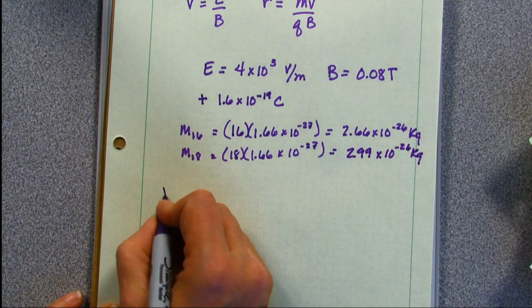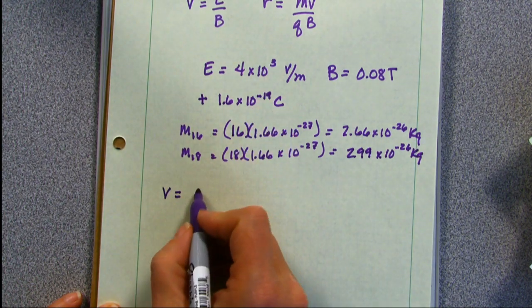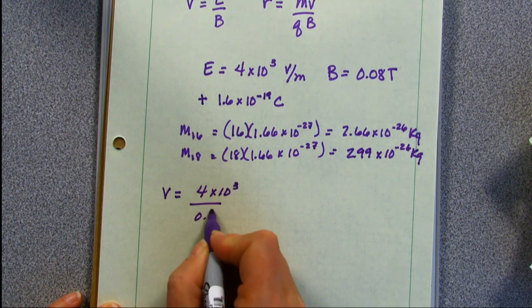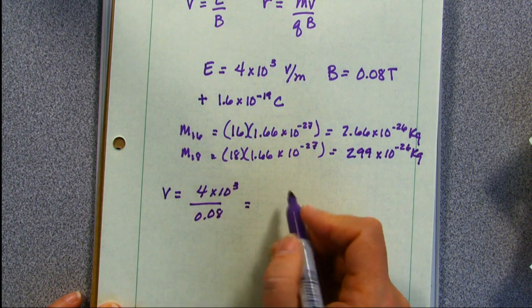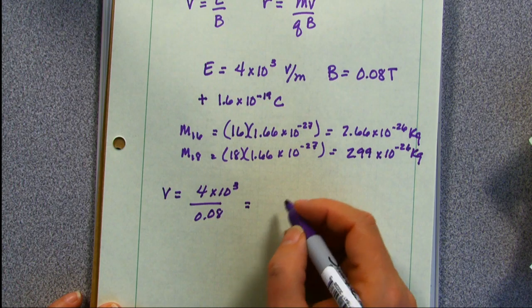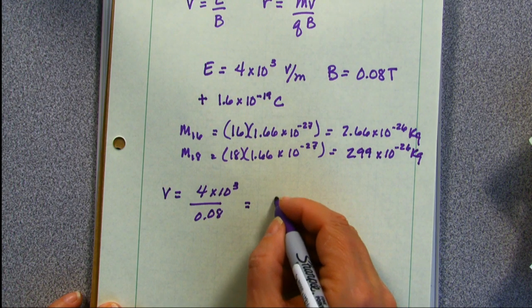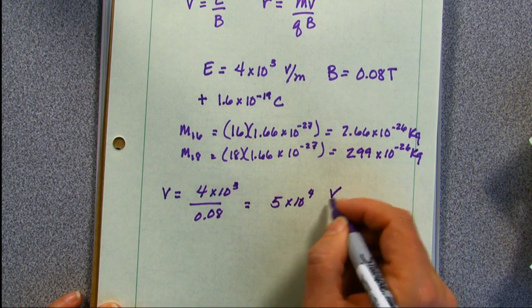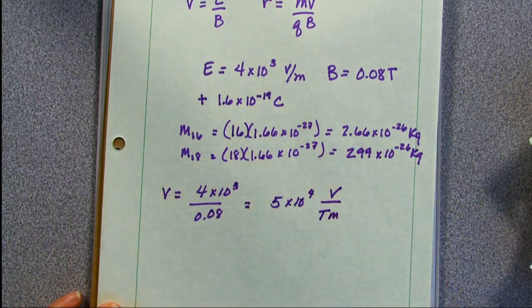My velocity is easy enough. You just take E divided by B, and that's going to give me 5 times 10 to the 4th.